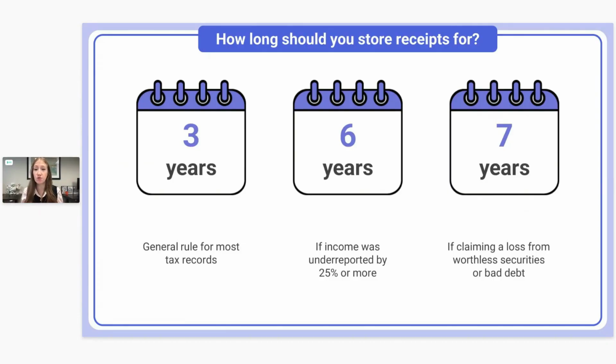However, you should store them for at least 6 years if the income that you reported was underreported by 25% or more. And you should store your records for up to 7 years if you're claiming a loss from worthless securities or bad debt. The absolute safest bet is just to create and use a system that keeps everything for at least 7 years, just to be sure.